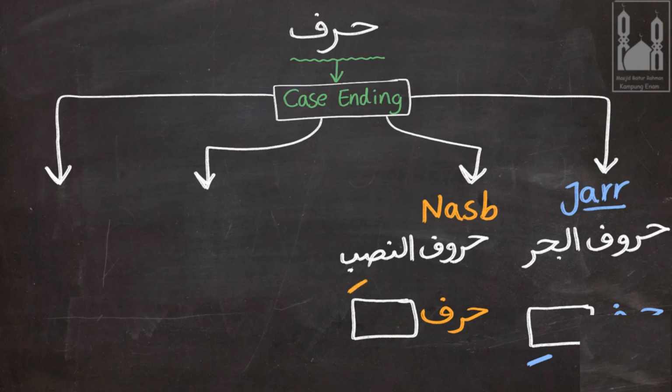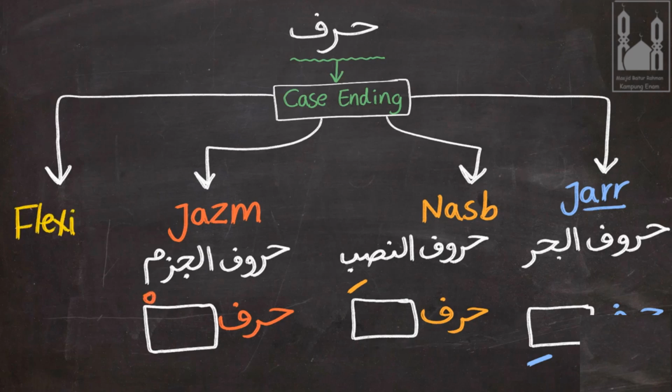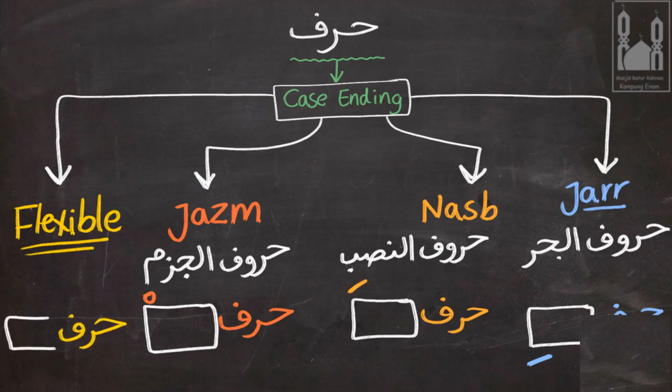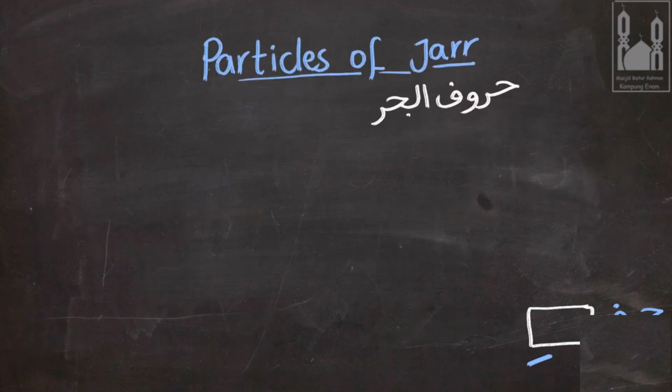The third type is particles of jazm or sukun, and in Arabic we call them huruf al-jazm, which, as you might already have guessed, causes the word after them to have sukun. And lastly are the flexible particles, and these flexible particles can cause the noun after them to have any kind of case ending.